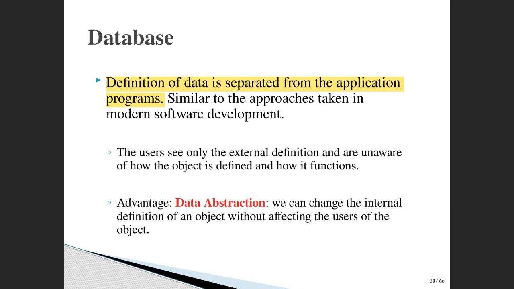All right, so this is something important, okay? Data abstraction means the process of changing the internal data definition of any object in the database without affecting the users or the view of the users about the same object.